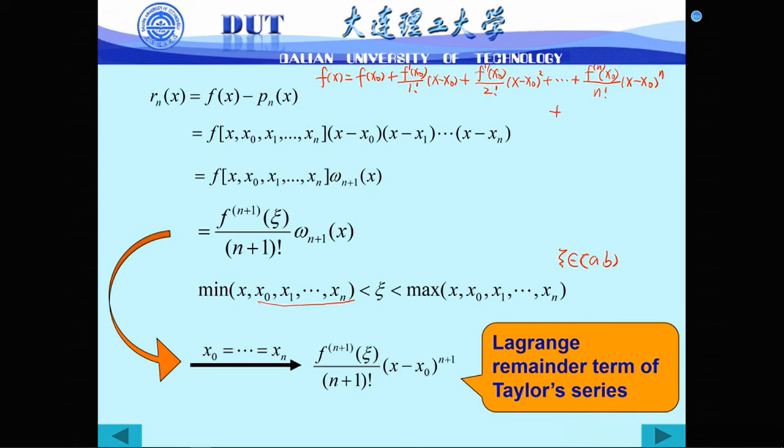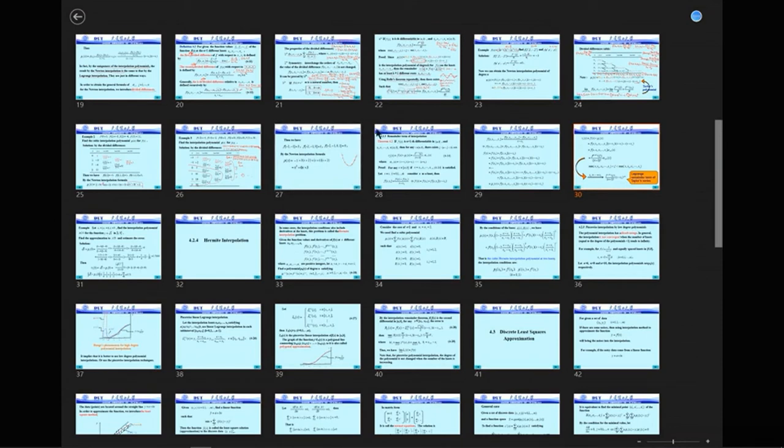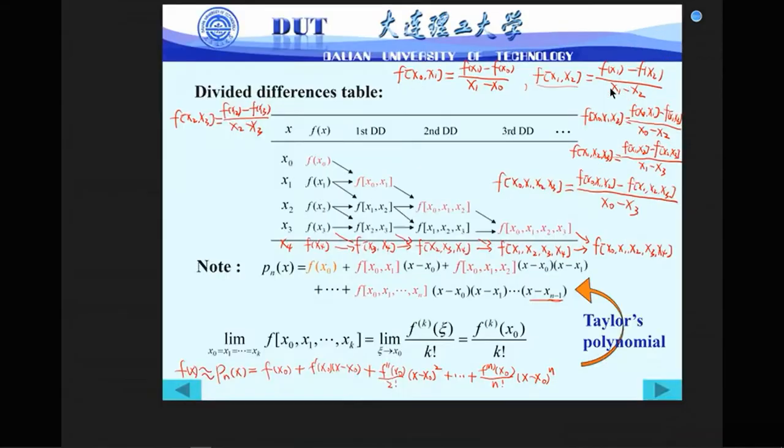And plus the remainder term, the Lagrange remainder term. Remember, the Lagrange remainder term of Taylor's series is just the (n plus 1)th order derivative of f at some c divided by (n plus 1) factorial multiplied by (x minus x0) to the power n plus 1. Remember, in calculus, we already know this is the Lagrange remainder term of Taylor's series. Okay, actually, if you remember, I also introduced you here the result.